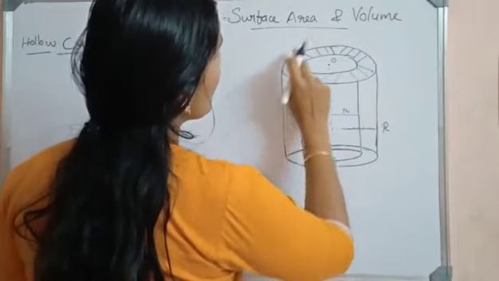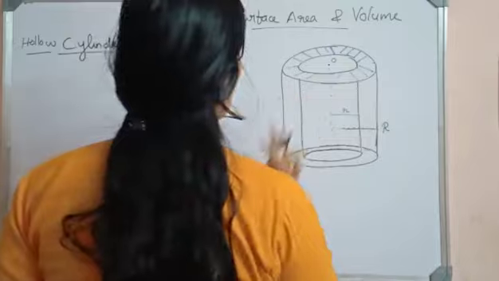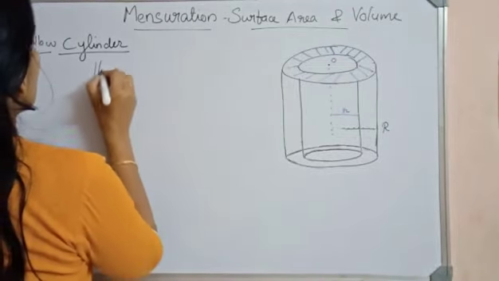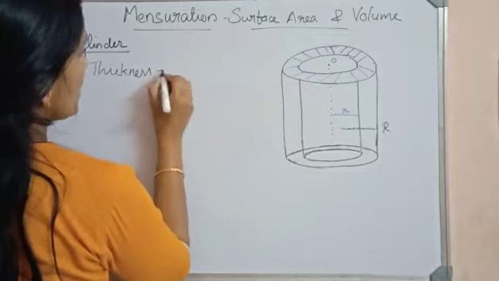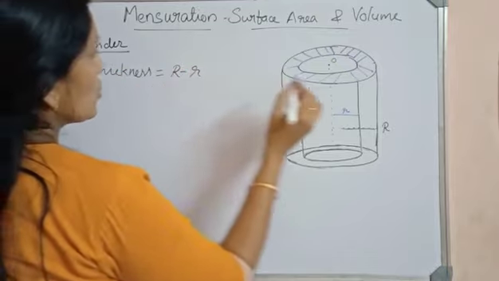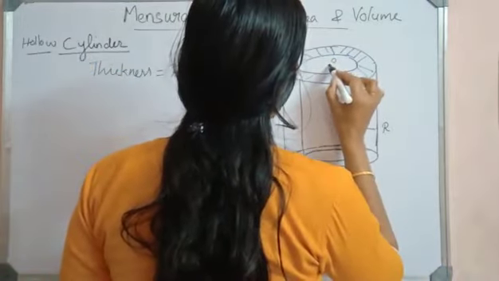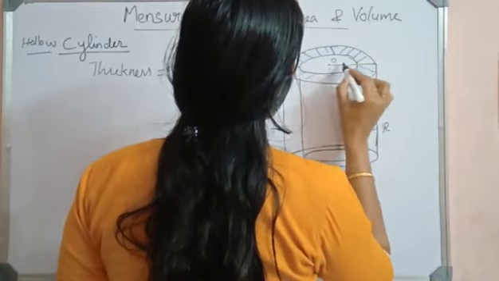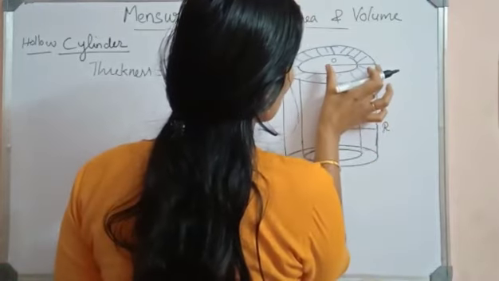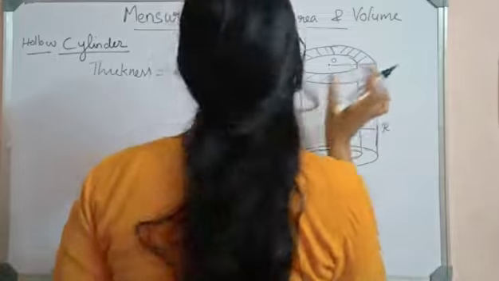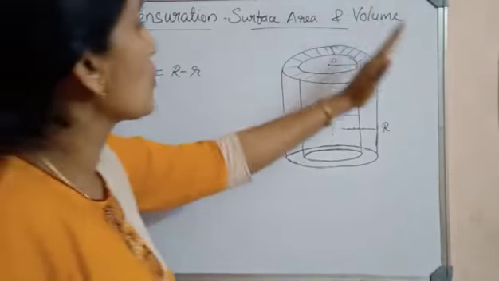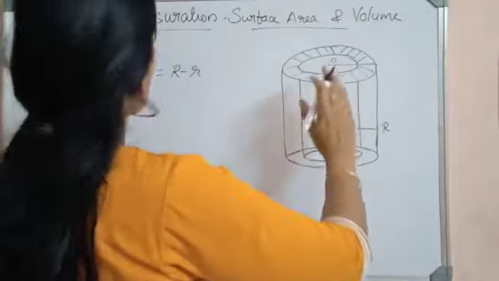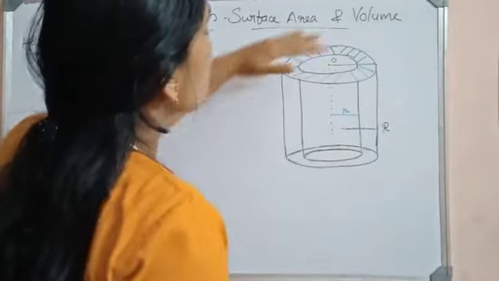So we can find the thickness of the wall of this hollow cylinder as thickness is equal to R minus r. Capital R is the radius of the outer circle and small r is the radius of the inner circle, so the difference between these two gives you the thickness of the wall. And next is the area of the cross section. In the previous case, for a solid cylinder it is pi r square.